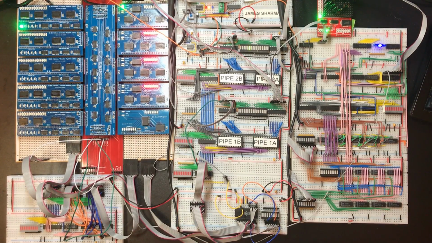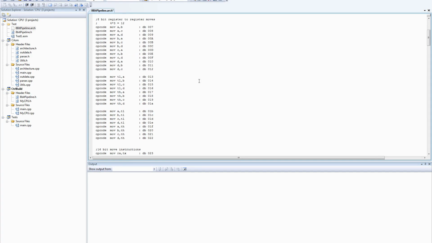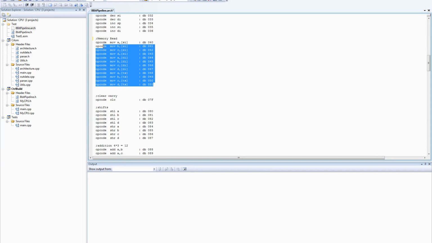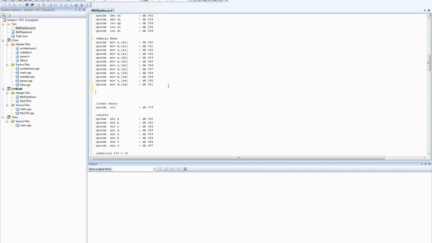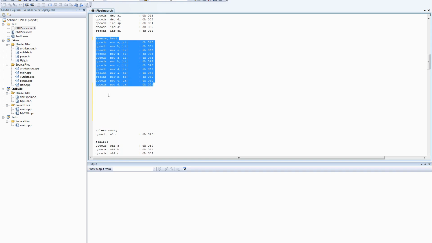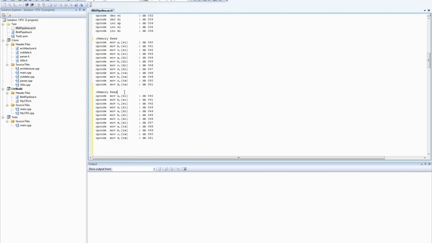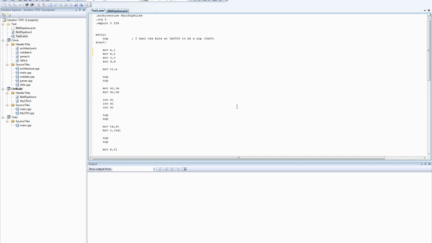Now let's see if we can write a bit of test code. Right, so we've got memory read instructions in. Now we don't have any RAM, but I'd like to add the memory write instructions because we can at least test what the bus lines are doing. Right, so let's load A through TX.